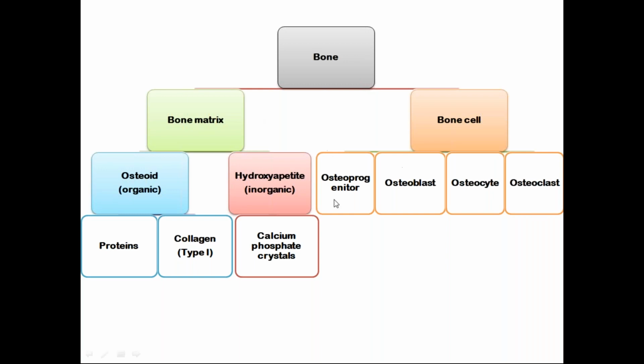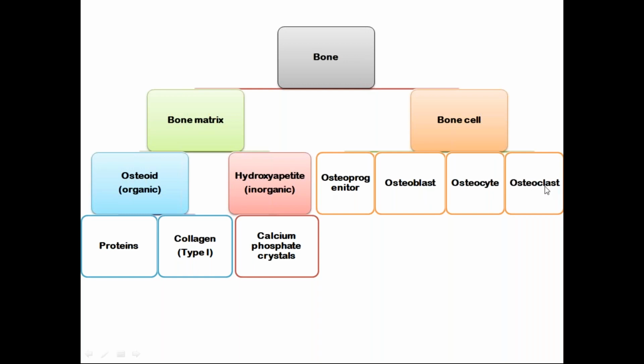And these 3 are simultaneously leading to one kind of cells. Osteoclast is another type. But these 3 you will see in the next slide. But I'm telling you that these 3 are one family: osteoprogenitor, osteoblast, osteocyte.